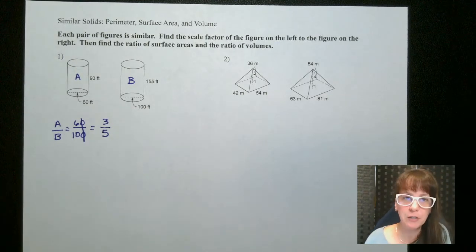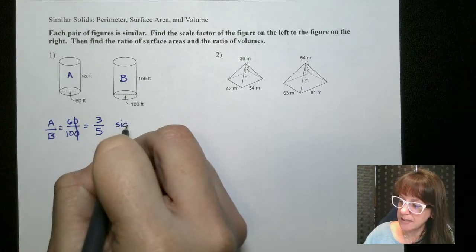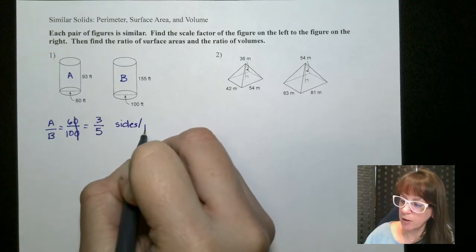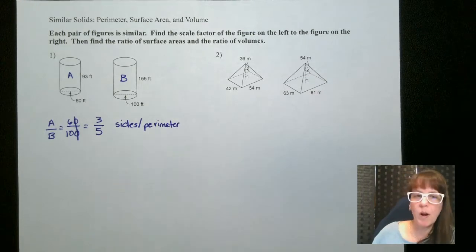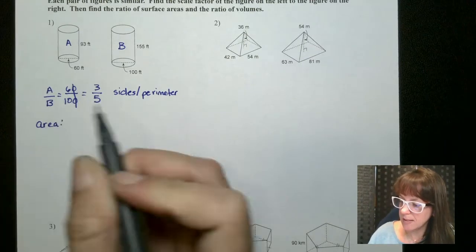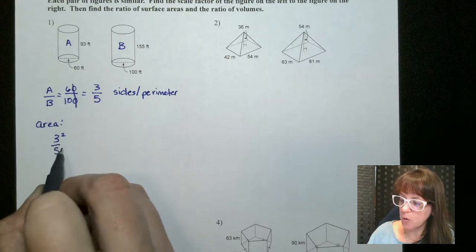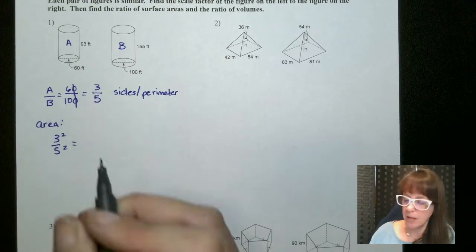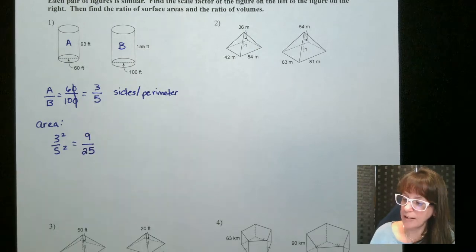So my scale factor here is 3 over 5 for the sides and the perimeter of any part of it. Okay, now what about the area? The area is going to be the scale factor, which is 3 over 5, and we square both the top and the bottom. We find 9 over 25.